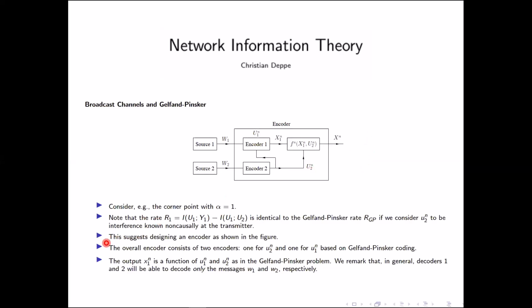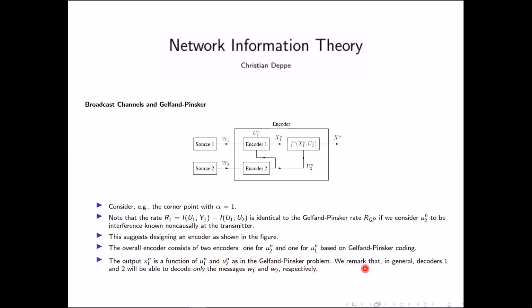So here it's written again. This suggests designing an encoder as shown in this figure. The overall encoder consists of two encoders, one for U2 to the N and one for U1 to the N, based on Gelfand Pinsker coding. The output X to the N is a function of U1 to the N and U2 to the N, as in the Gelfand Pinsker problem.